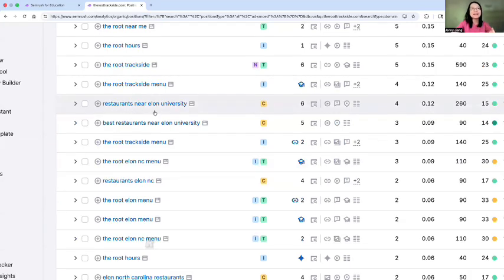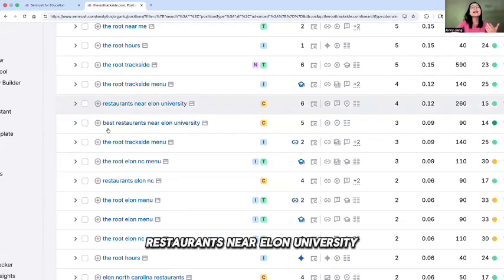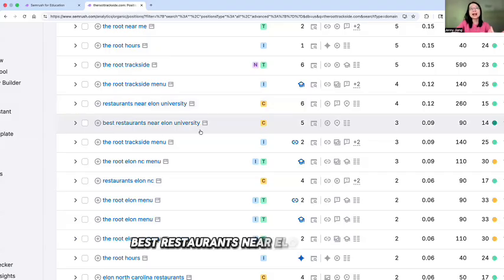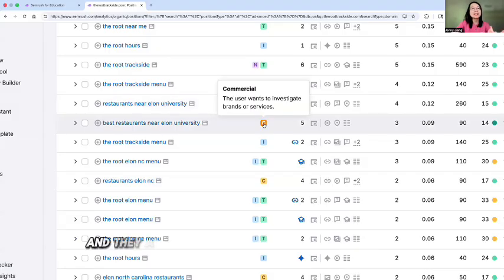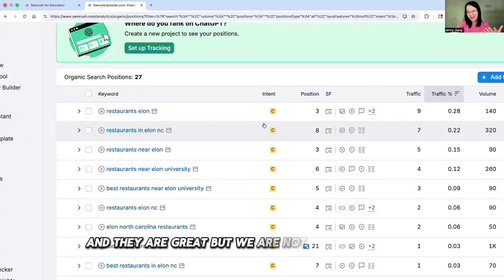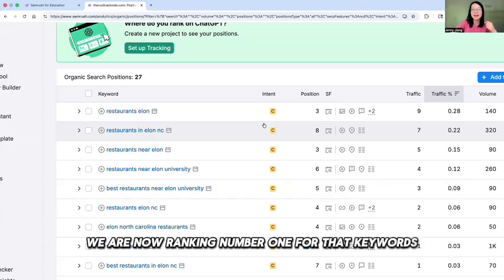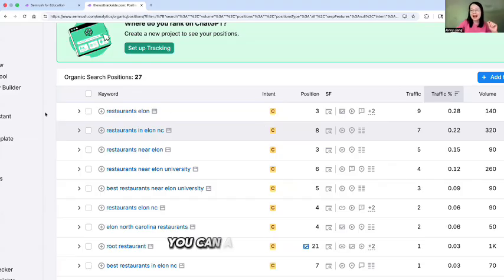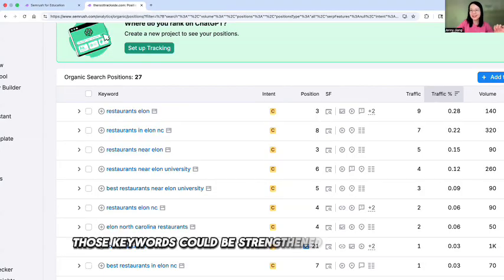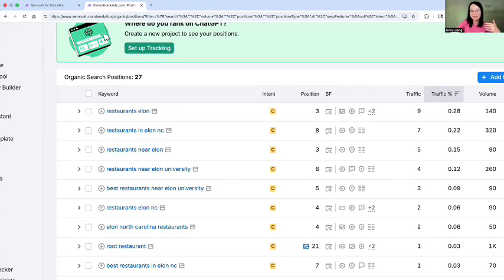For example, restaurants near Ilan University, best restaurants near Ilan University, and they are great, but we are not doing very good, super good. For example, we are not ranking number one for that keywords. So you can actually suggest those keywords could be strengthened for the SEO plan.